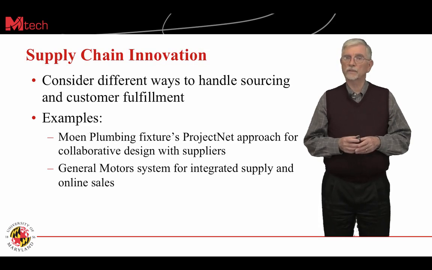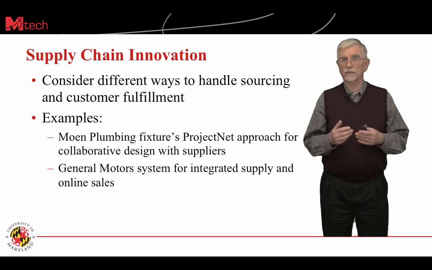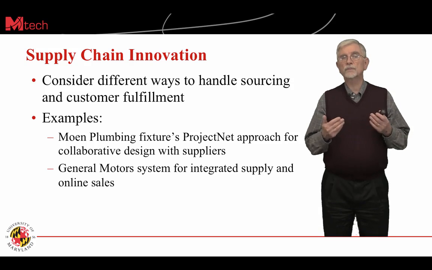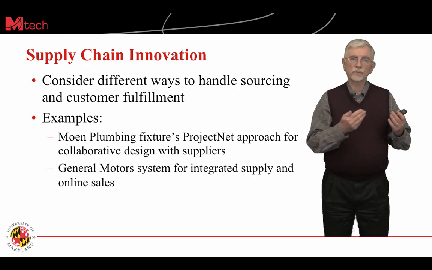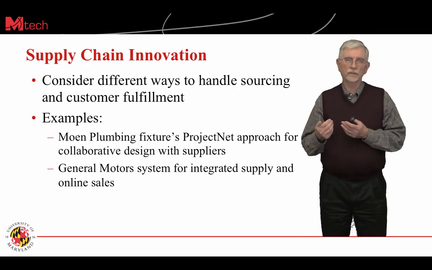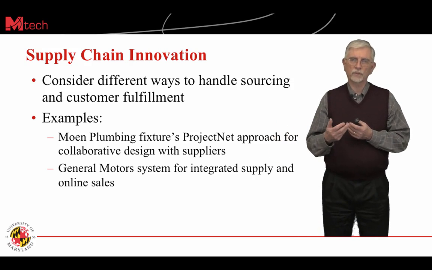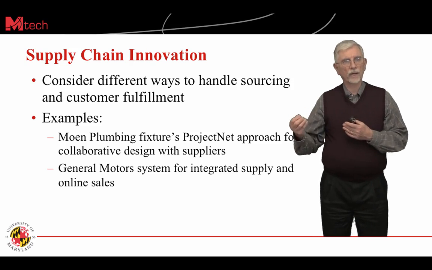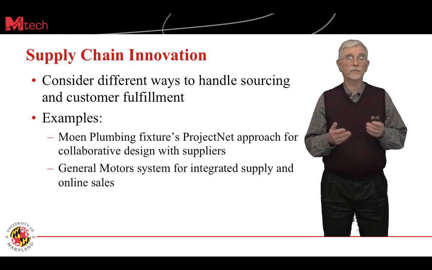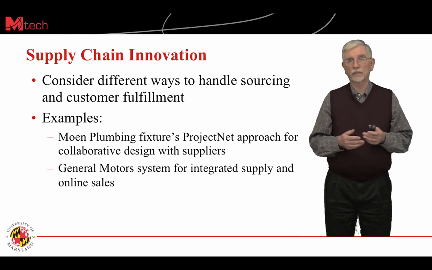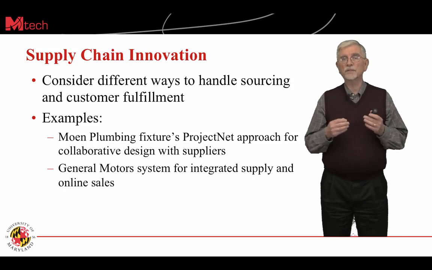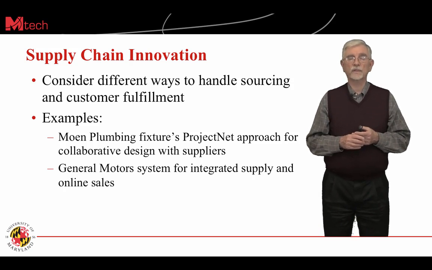Supply chain innovation is another example of a practice that can be innovative. Here you consider different ways of handling sourcing and customer fulfillment. So how do you bring in the materials that you're using, and how do you deliver the end product to other people? And so some examples of that are Moen Plumbing, their fixture project net approach to collaborative design with suppliers.